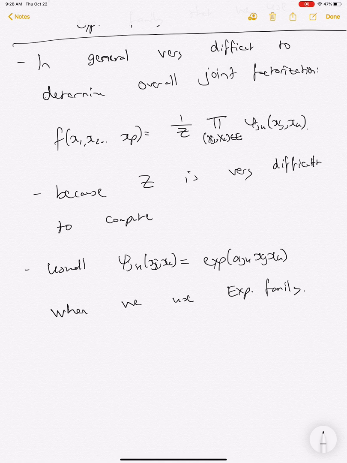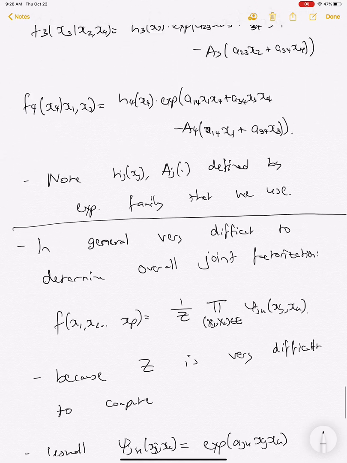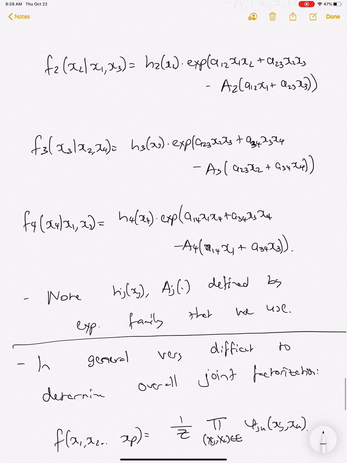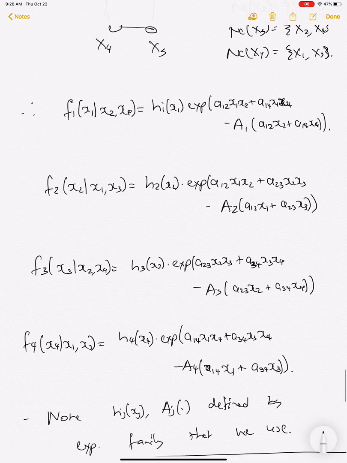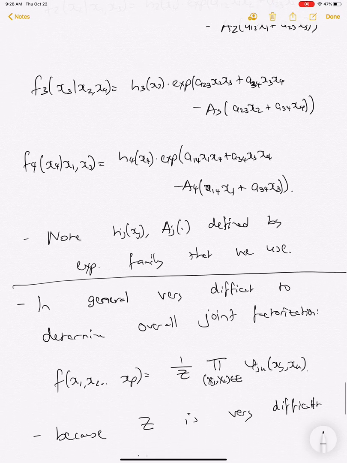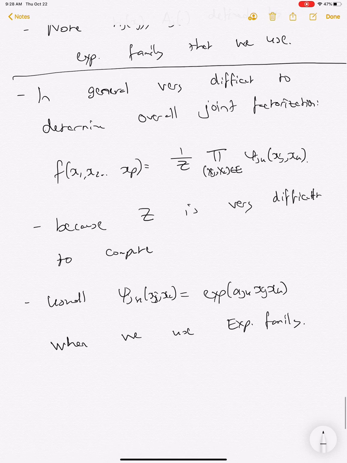Okay, and so this is something that's a bit beyond the scope of what we're doing, because actually computing that z is a very, very difficult question. That's a pretty active area of research in general. But the main thing to take out of it is that you can define the undirected graphical model in terms of these neighborhood conditionals, where you condition on your neighbors.